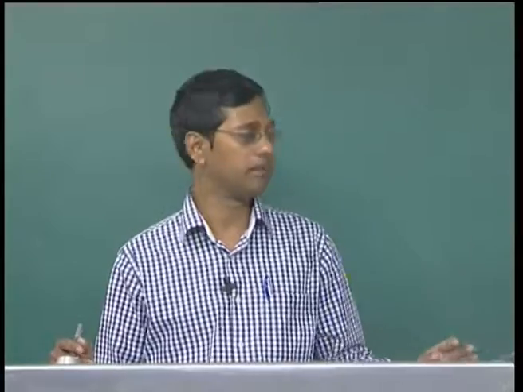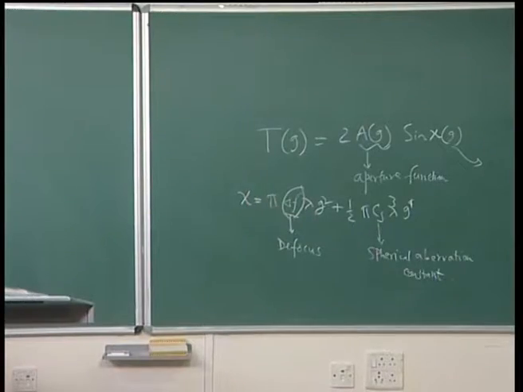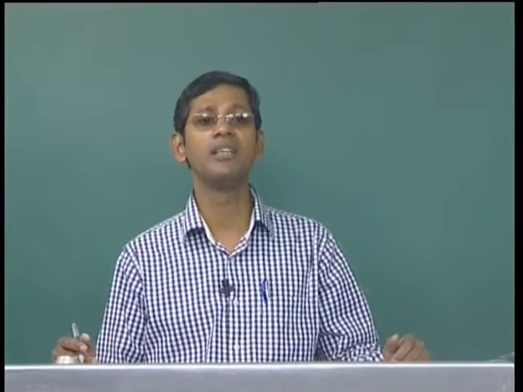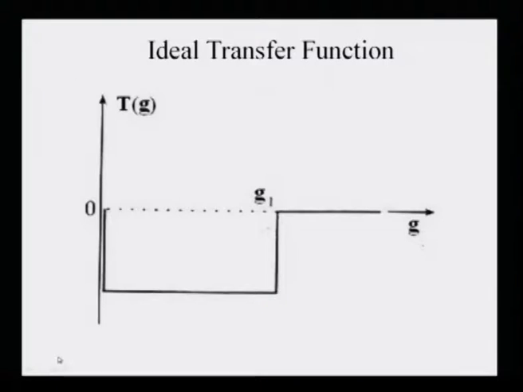On the other hand, the spherical aberration, which is an important factor going into this equation, is very difficult to correct, but of late it has been found that the spherical aberration constant can be easily corrected in the electron microscope. So, this is the ideal transfer function which is shown here.